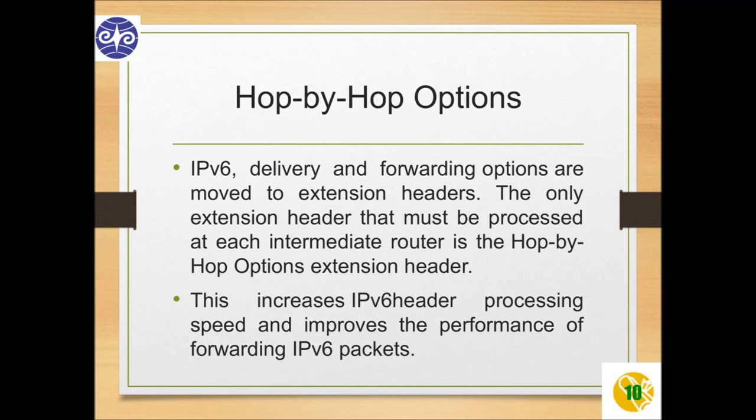Second point, this increases IPv6 header processing speed and improves the performance of forwarding IPv6 packets. Dear students, in the second point, it is discussed that when a packet is received by a router, the router will transmit that packet to its forwarding links. So hop by hop option will be helpful for the switching devices to take decisions for data or packet transmission.